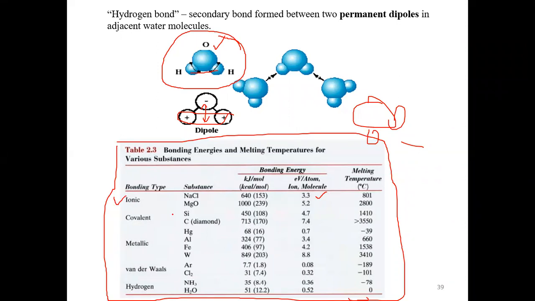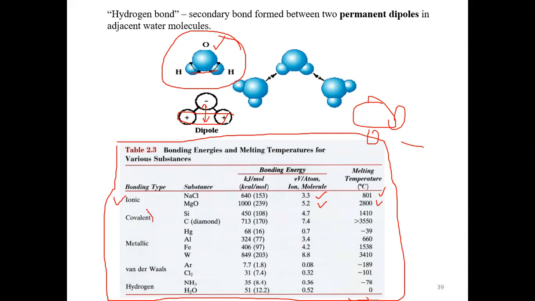And as you can see, as their bond energy is high, melting temperature is also high. For sodium chloride, 3.3 electron volt, and melting temperature is 801 degrees Celsius. And for magnesium oxide, energy is 5.2 electron volt per atom, and melting temperature is 2800 degrees Celsius.